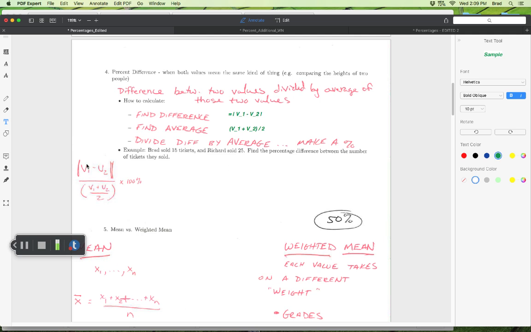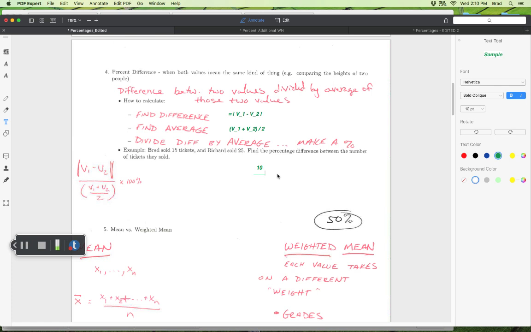Well, first, we would want to find the difference here. So 15 minus 25, or 25 minus 15, once you take the absolute value, those are the same thing, and that's going to be 10. And then we're going to take 10, and we're going to divide the difference by the average of 15 and 25.